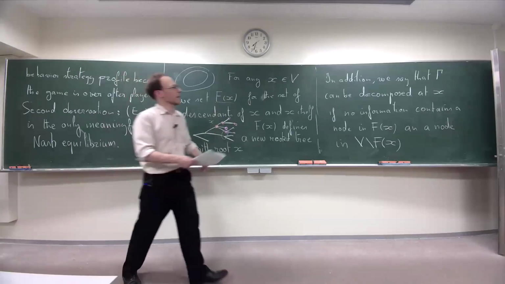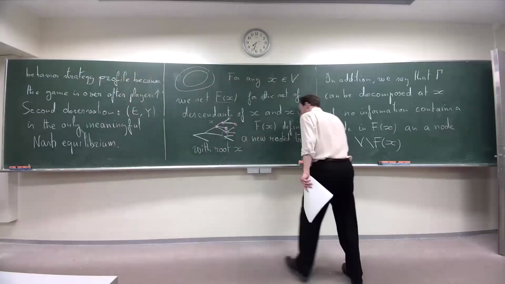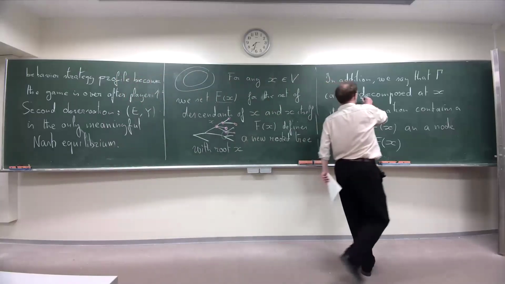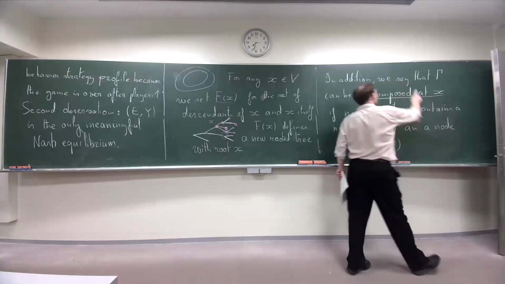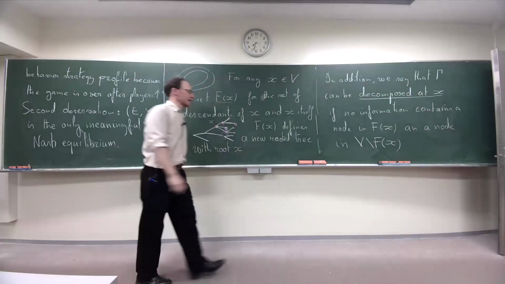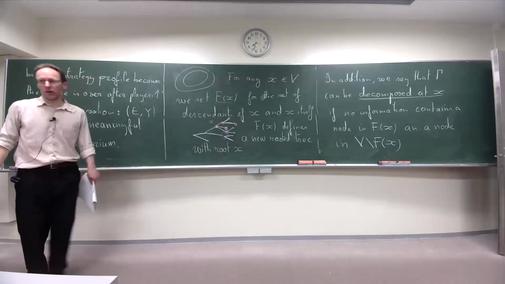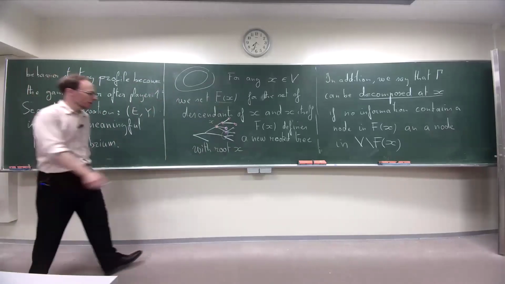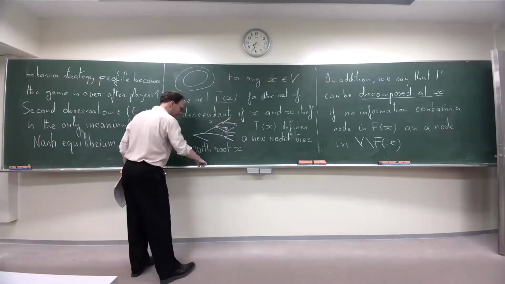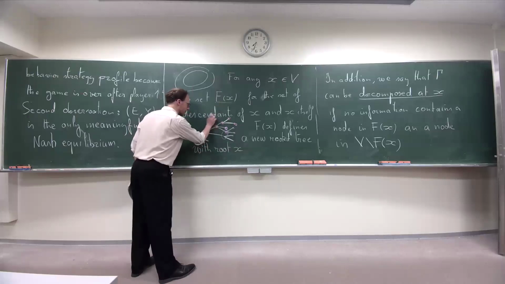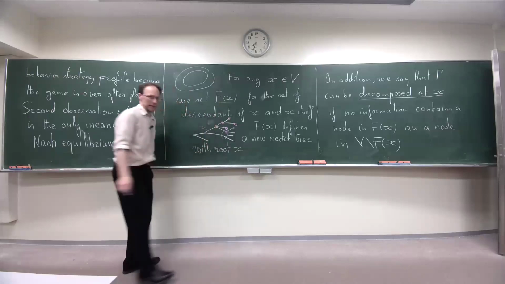So we say that the initial game can be decomposed at x if we are not in this situation. So for example, here I could take this one. This one would be okay.